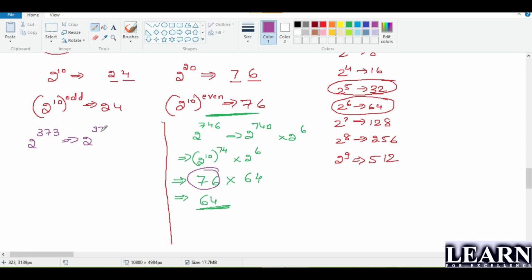If I'm going to split this, I can write 2 to the power 370 into 2 to the power 3. So 2 to the power 10 to the power 37 multiplied by 2 power 3. So what is this? 10 to the power odd, can I tell it is 24 into 8? What is the number, guys, now? Yes, it is 92.